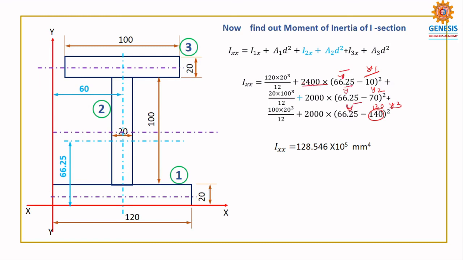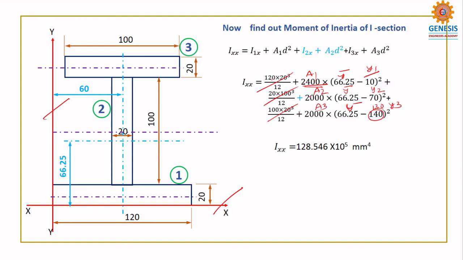This is A1, A2, and this is A3. Okay, these are the moment of inertia about the centroidal axis, and since the sections are away from the common reference, that is x and y, this is how you have to apply the rules to find the moment of inertia.